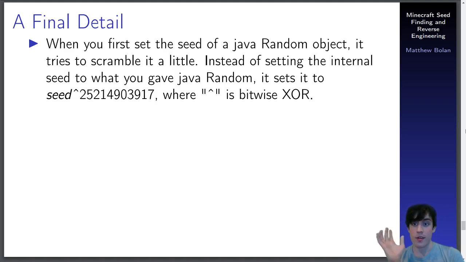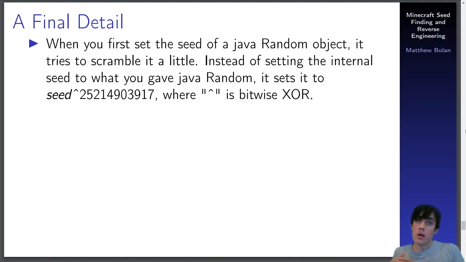And XOR just means that it's like a pattern to scramble. So when you XOR a number by another number, you write both numbers in binary, and then where they are the same, you write a 0. Where they are different, you write a 1.